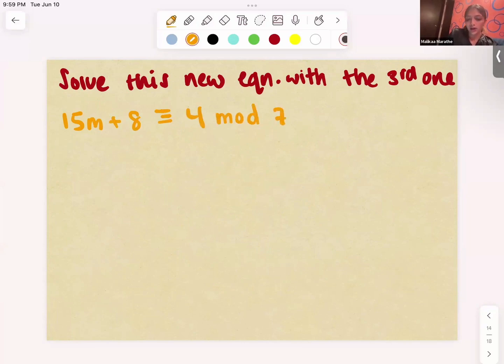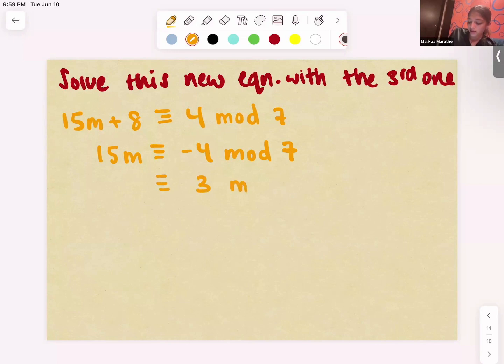All right, now we are going to subtract 8 from both sides. So you get 15m is congruent to negative 4 mod 7, which is the same as 3 mod 7, right? So now we have 15m congruent to 3 mod 7.